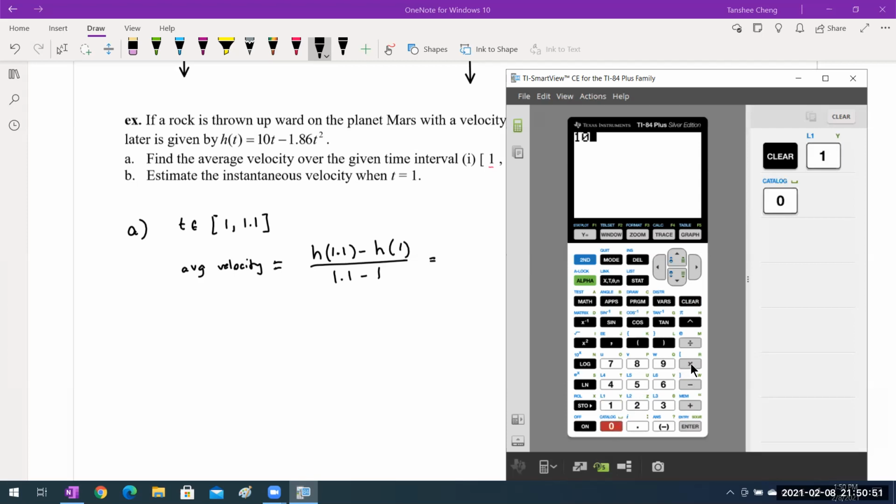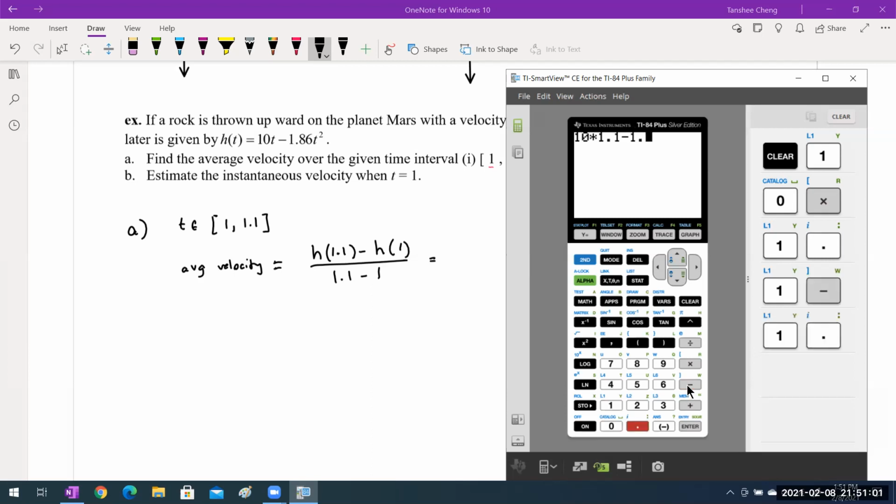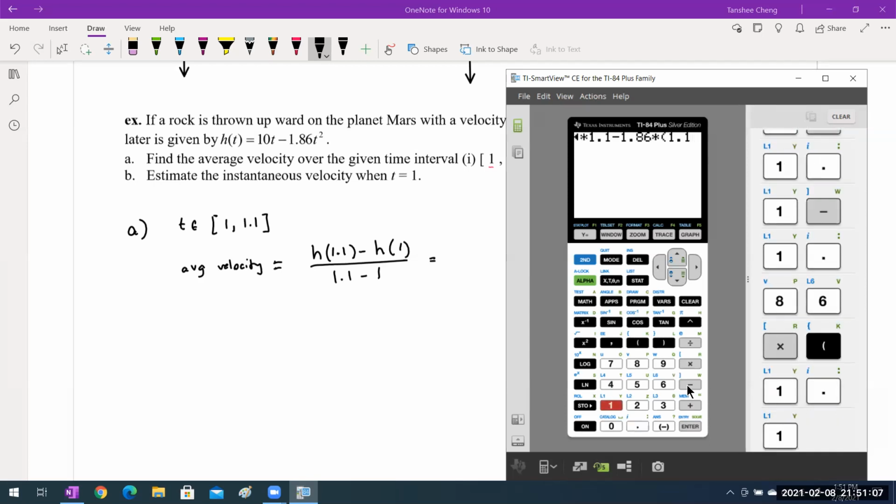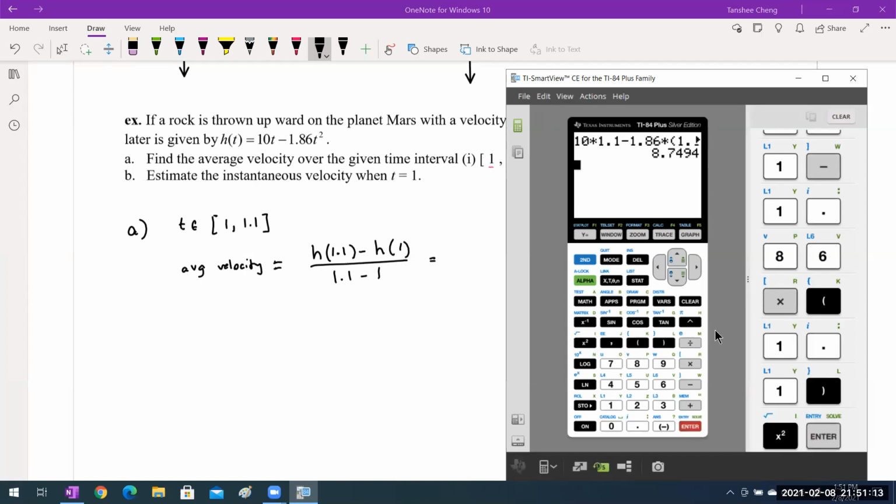So 10 times 1.1 minus 1.86 times 1.1 squared. Then you use this value to subtract what h of 1 is.